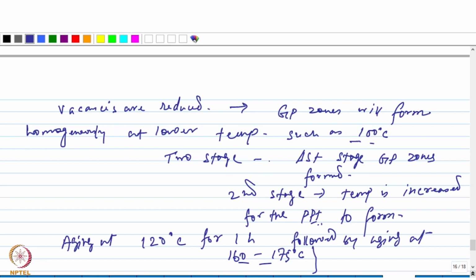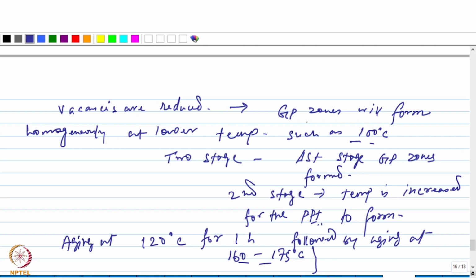This will take care that the GP zones form first when you age it in the first stage at a lower temperature, and once the GP zones form and get stabilized, you can raise the temperature for the precipitation to occur, and that's when your eta prime precipitates will form.